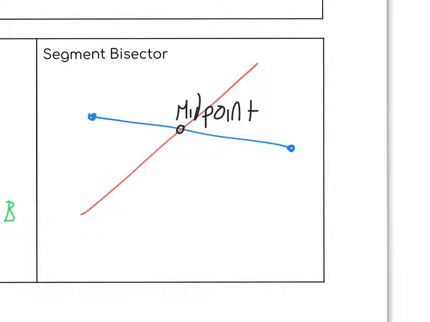Where we saw this before, we talked about a perpendicular bisector. A perpendicular bisector would have to be the same type of setup, but instead of going through at a random angle, perpendicular bisectors have to go through at a 90-degree angle. A segment bisector cuts this into two equal pieces. Therefore, if we say something is a segment bisector, we're really talking about something having a midpoint.